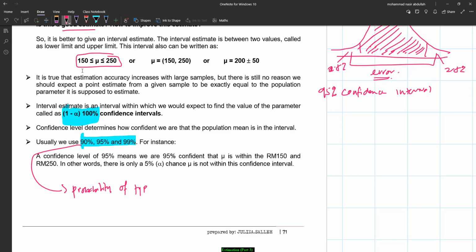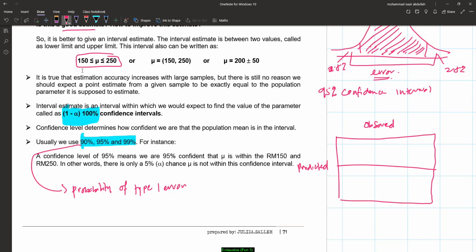Type 1 error means that, in statistics, there are 4 regions. Let's say this is observed, and this is predicted. This is a common statistical measure. If you are dealing with machine learning, this is what we call a confusion matrix.